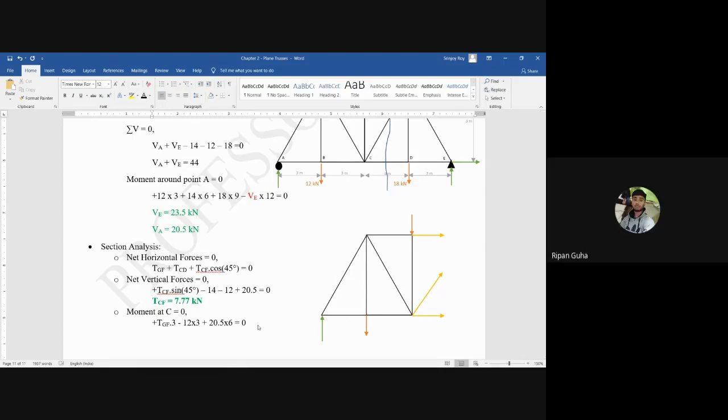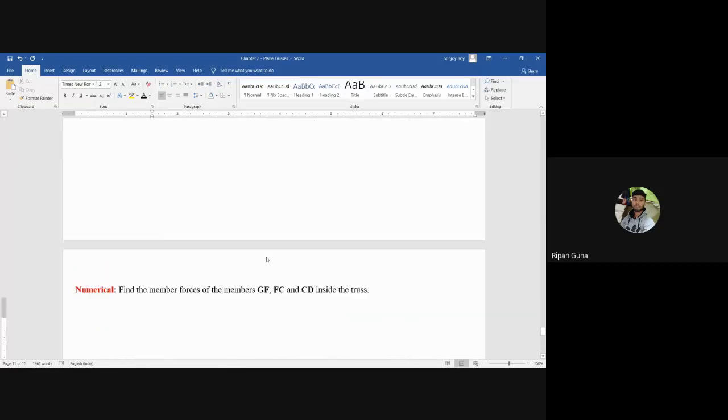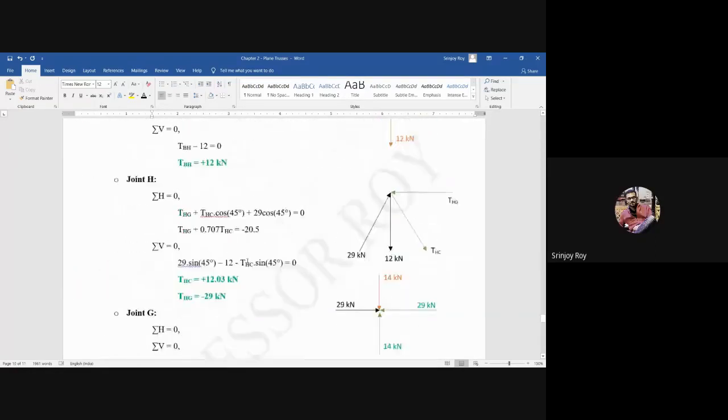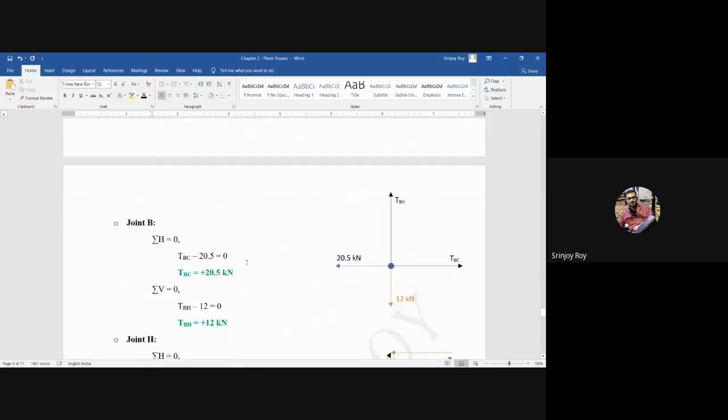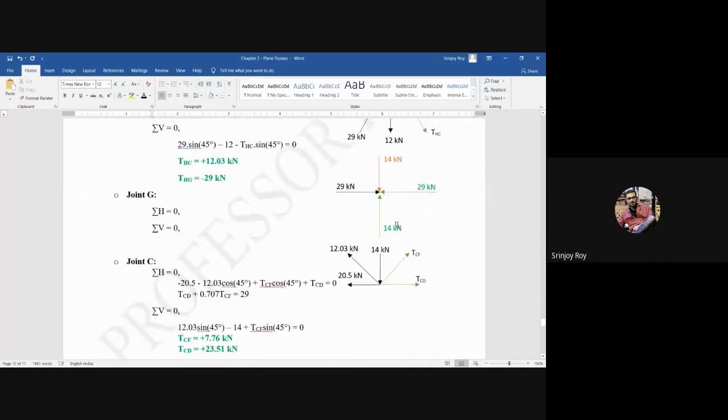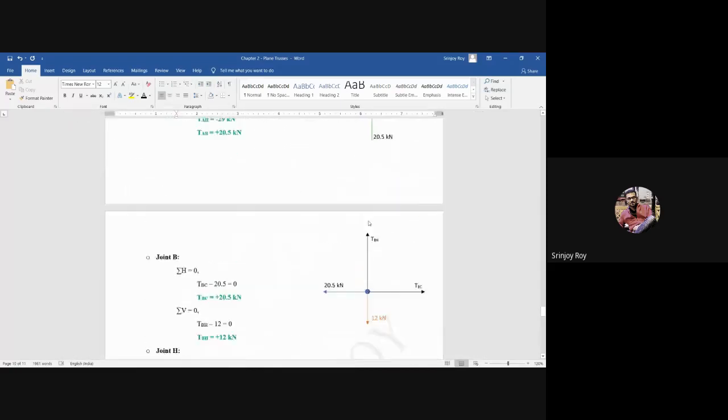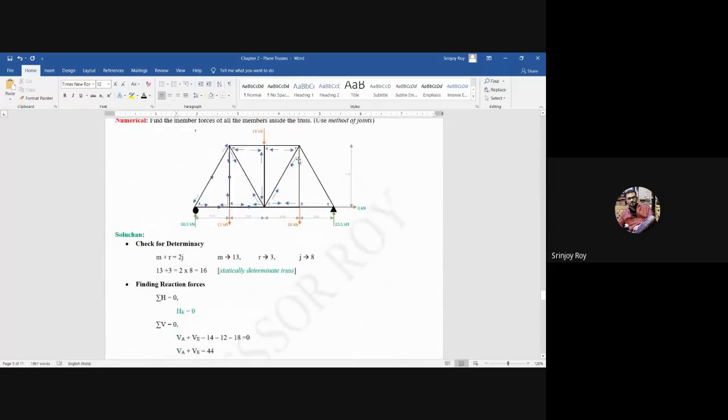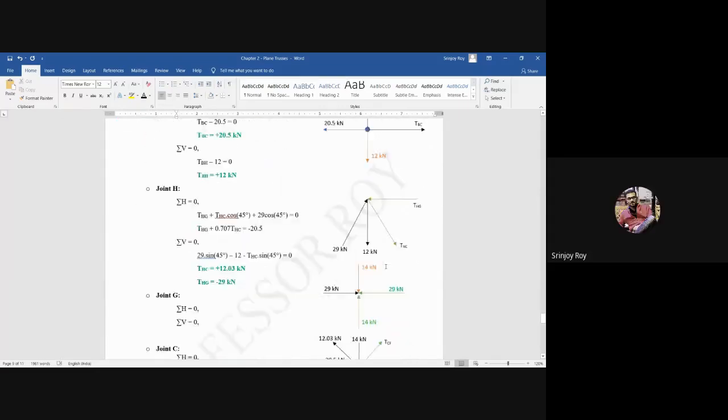The value of TGF is minus 29 aur yahan par dekh lo kitna aa raha hai. How much is it according to the method, minus 29 kilometer? According to the method, direction will be opposite. Where is FG? Which one is 29? That means also add minus this 29.